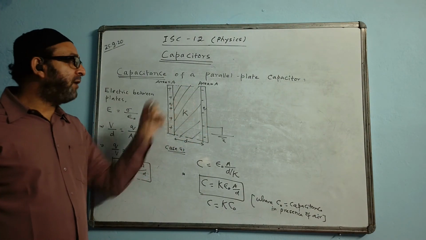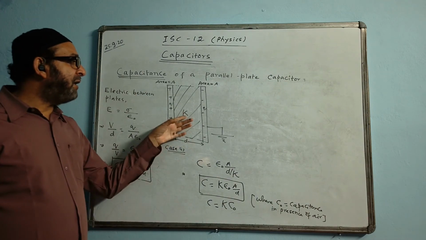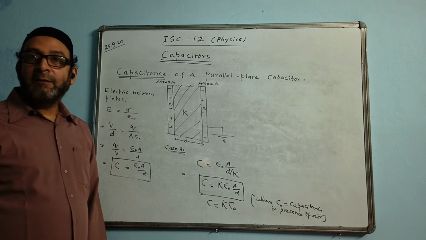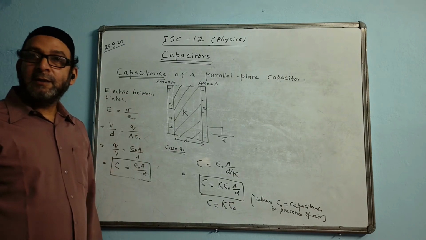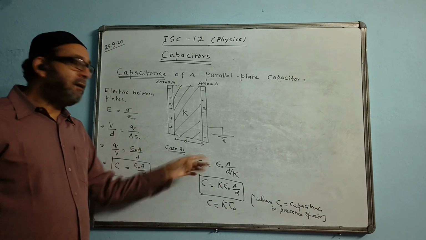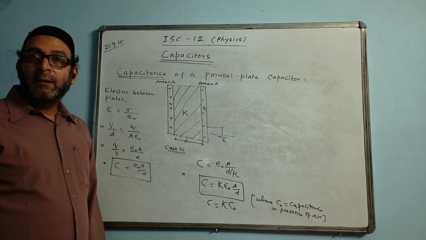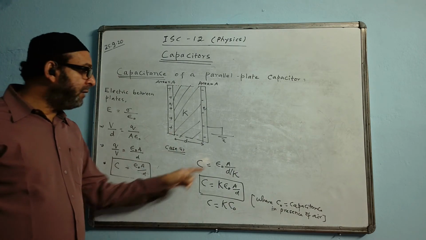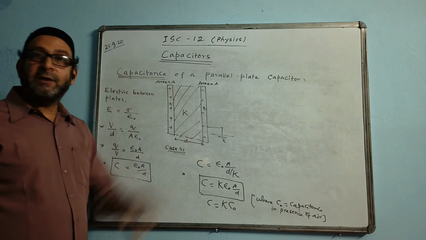We have a dielectric medium of K equal to 5. What is the new value of capacitance? It will be multiplied by 5, so 5 into 10, the answer is 50 microfarad. When we introduce the dielectric medium, the capacitance increases.